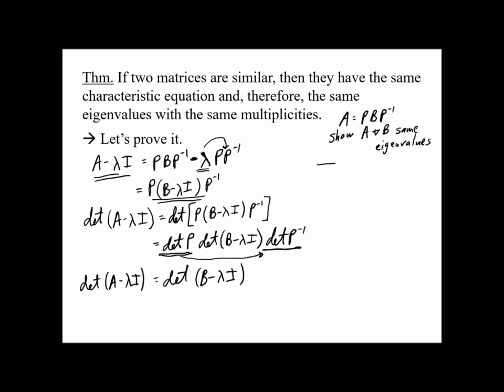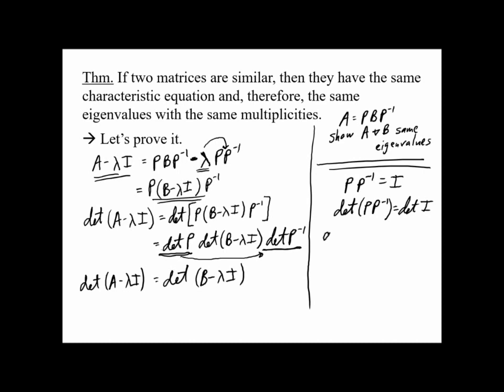So hopefully you will agree that P times P inverse is equal to the identity matrix. Well, that means that the determinant of P times P inverse is equal to the determinant of the identity matrix. On the left side, this is the same as the determinant of P times the determinant of P inverse.